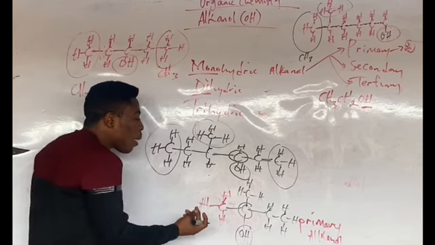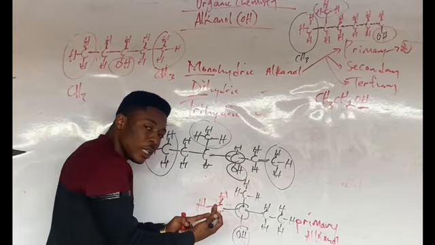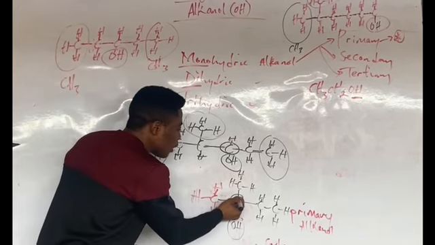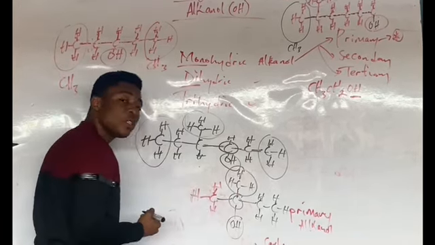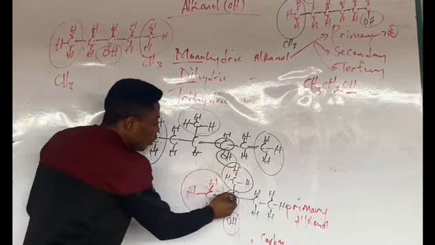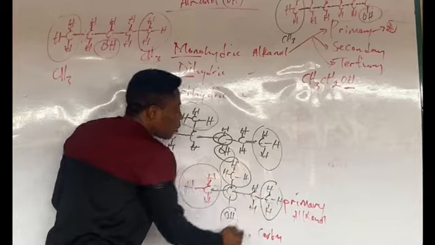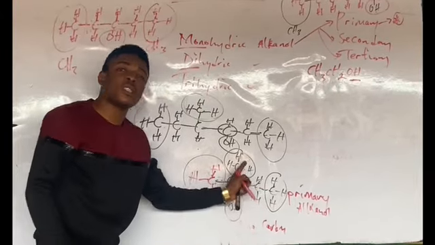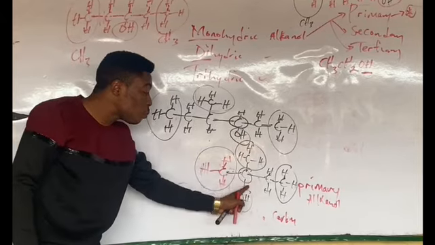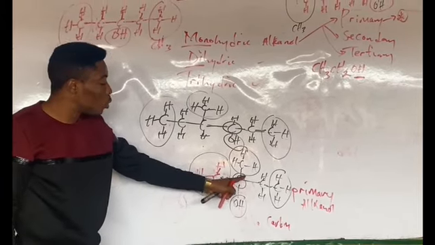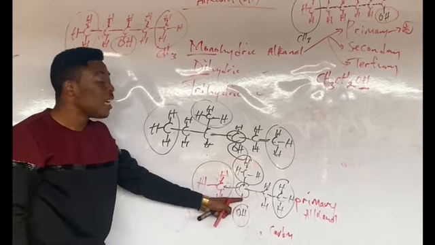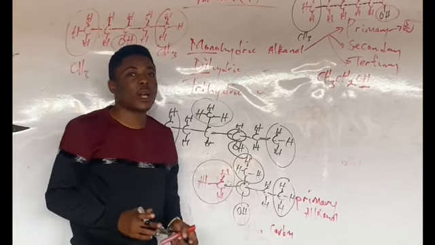The alpha carbon has direct link to 3 methyl groups: this methyl group, another methyl group, and another. So we have CH3, CH3, CH3. Because these 3 methyl groups have direct bearing to the alpha carbon, we call this compound a tertiary alkanol.